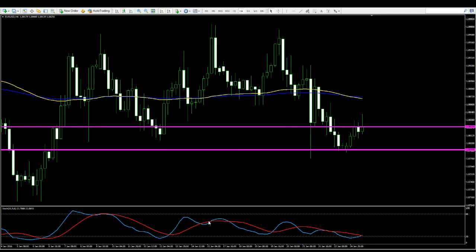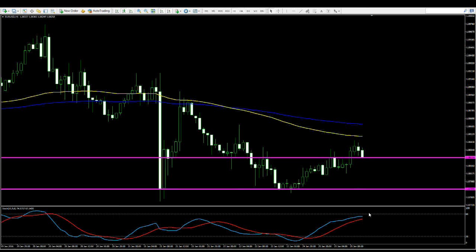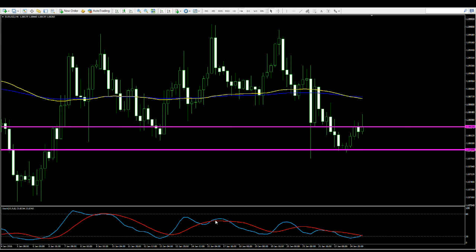Okay, so let's see what happens. Now I don't have those overbought, oversold positions. I get them rarely. So you get fewer false signals. But you might also miss some positions that would be a good opportunity.